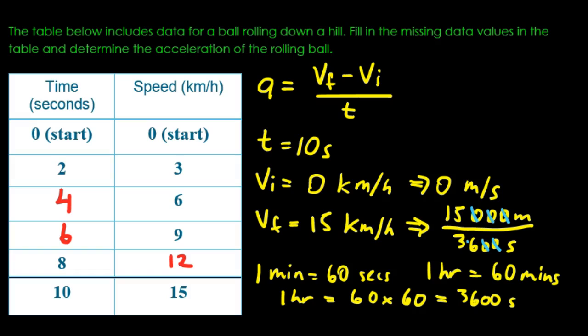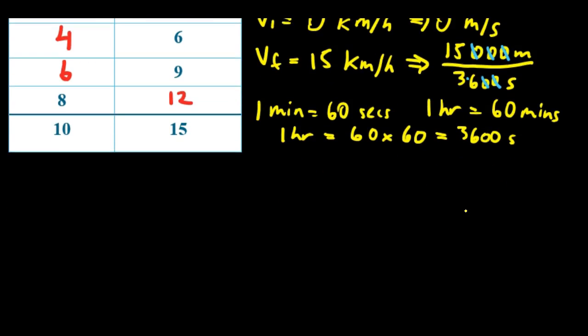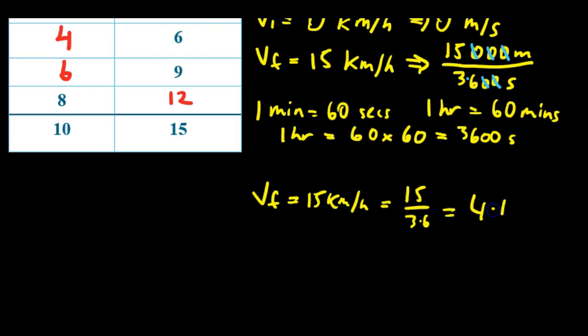So 15 kilometers per hour into meters per second is about 4.17. Final velocity 15 kilometers per hour is 15 over 3.6, which is approximately 4.17 meters per second.